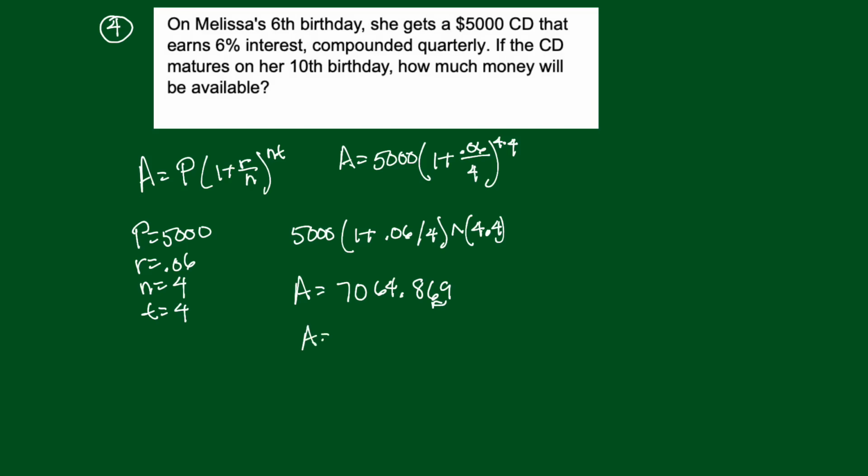So the amount that Melissa's going to have is 7064.87. So the question is, up here, this is not the answer. The question is, how much money will be available? Well, the amount of money that's going to be available is $7,064.87.